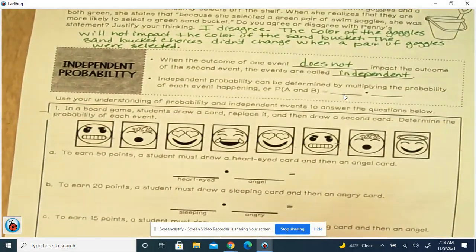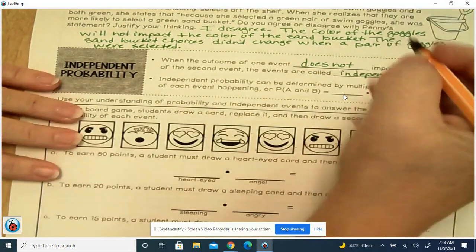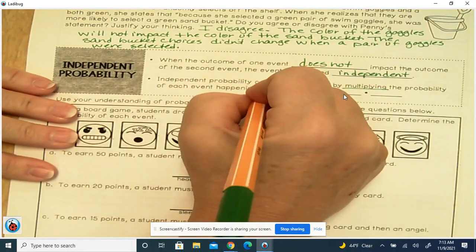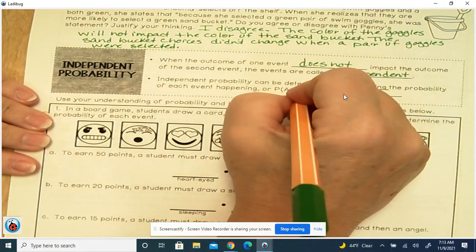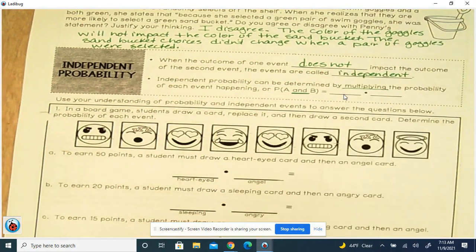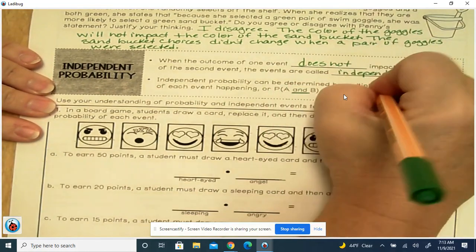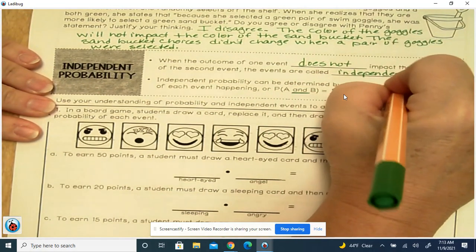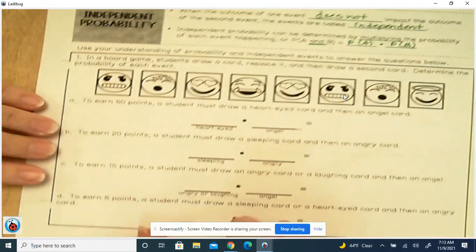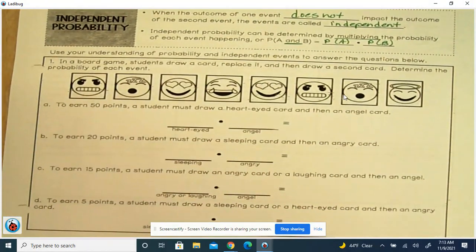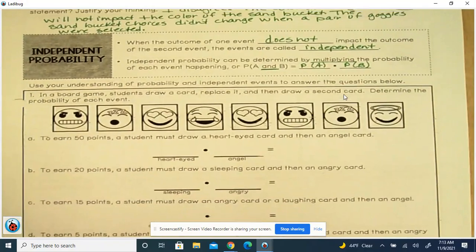Independent probability can be determined by multiplying the probability of each event, or the probability of A and B. So remember I said in that first video on simple probability that "and" meant multiply. So that's the probability of A times the probability of B. Use your understanding of probability and independent events to answer the questions below.